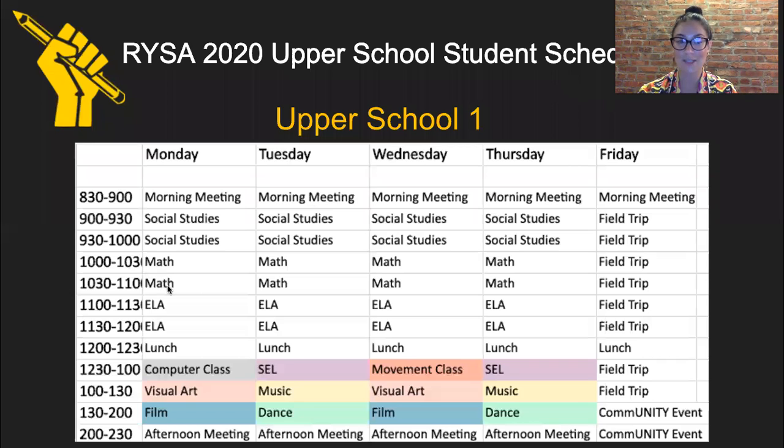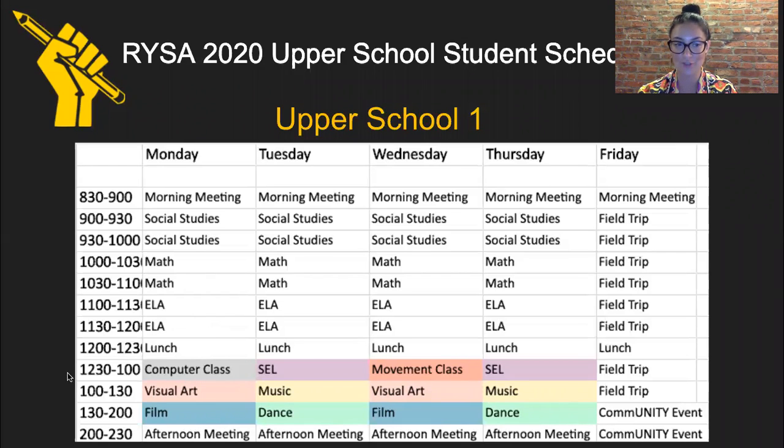From 10 until 11 a.m. has math. From 11 until 12 has ELA, or English language arts, and then only has a half-hour offline lunch from 12 to 12:30, unlike their lower school counterparts who have a full hour lunch offline.